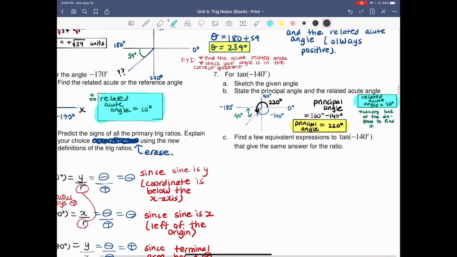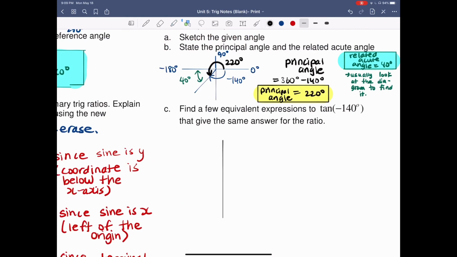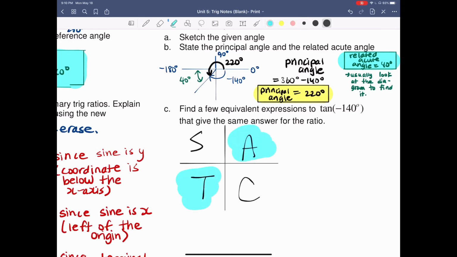C, find a few equivalent expressions to tan negative 140. Let me bring up the CAST rule. So you have your CAST right here, and this is how you interpret it. This is where tan is positive.